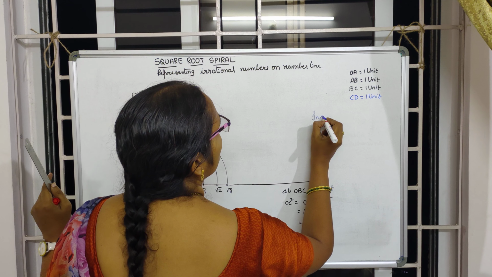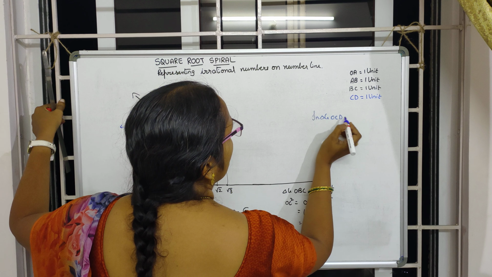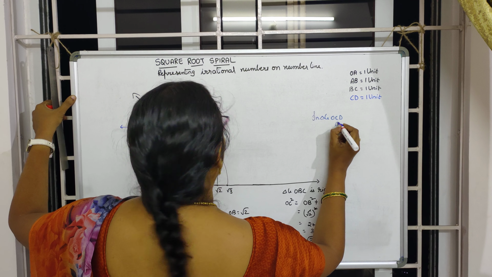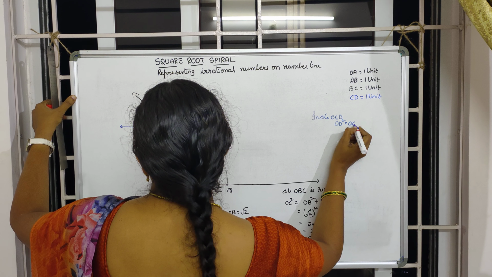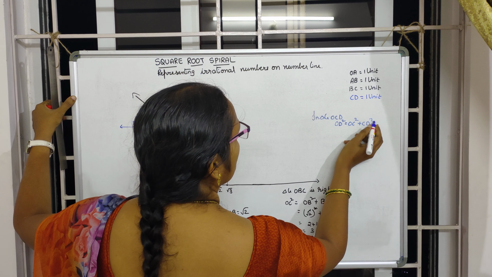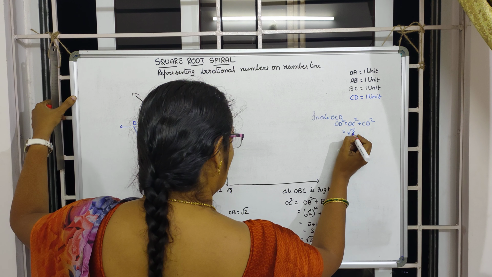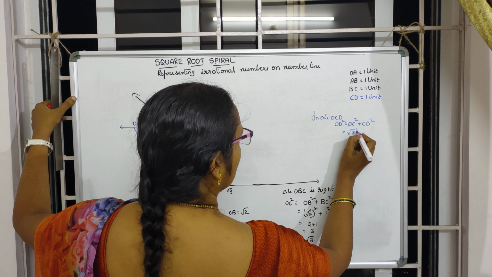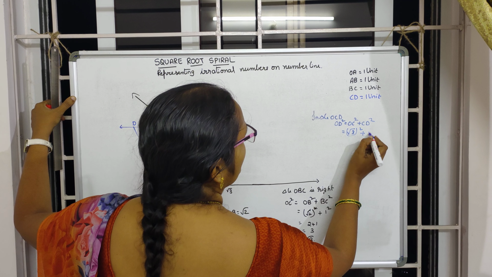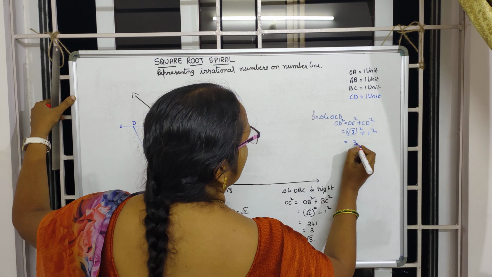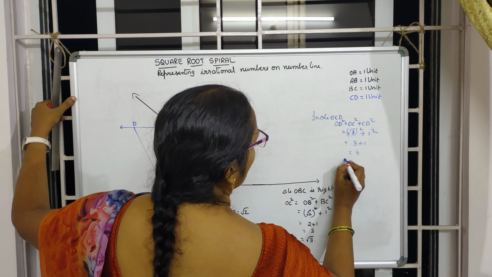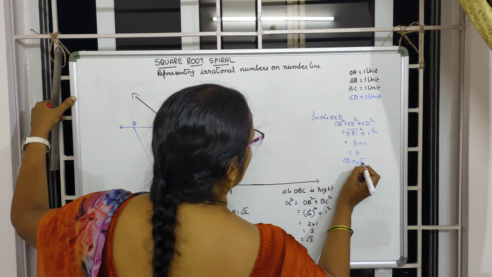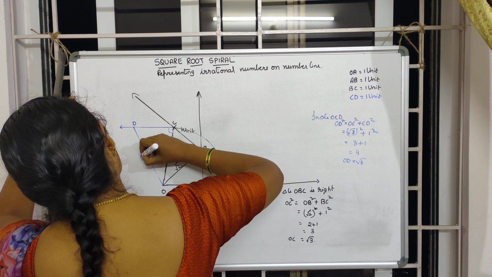In triangle OCD, OD square equals OC square plus CD square. OC square is root 3 whole square plus CD square is 1 square. That is 3 plus 1, this is 4. OD equals root 4.